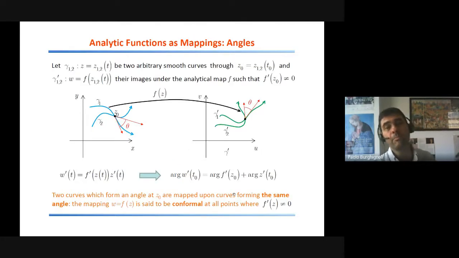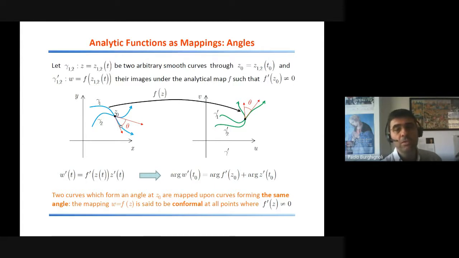Let's come back to curves, and now let us consider a pair of curves in the z-plane. Let's call them gamma 1, this one here, for example, and gamma 2, and consider their intersection point. Let's call it z0. The tangent vectors at that point to the two curves will generally be different, and there will be an angle theta between those tangent vectors.